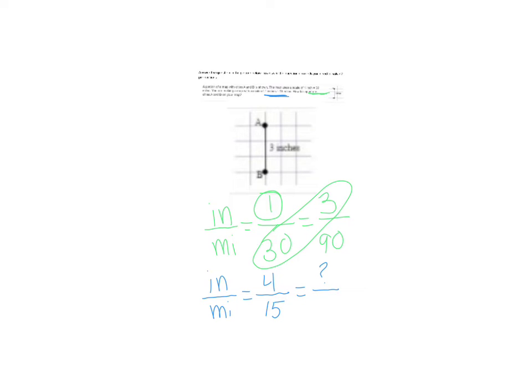Now we're going to use our miles that we found of how far apart they are in real life for our map. And I'm going to put that down here, the 90. Now I'm going to cross multiply, which 4 times 90 is 360, and divide by 15 would give me 24 inches.